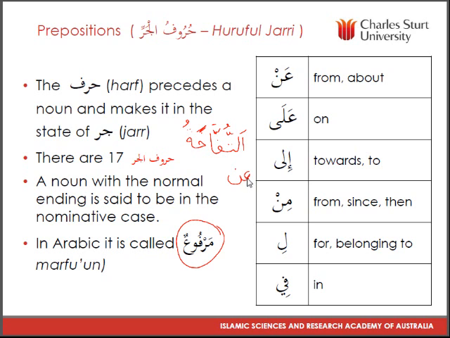It is not a very sound example, but we are talking about grammar. Don't worry about it. An means what? From, about. For example, I'm saying, tell me about an apple. Kellimni anit tufahati. So when I prefix an, this ending, normally it is with dhamma. When you put an in front, it must be in a case of jar, which is kesra.